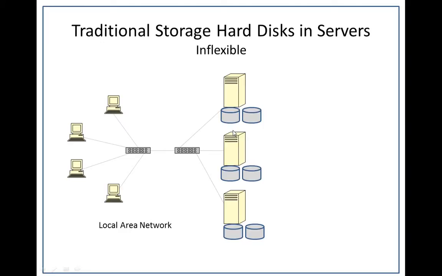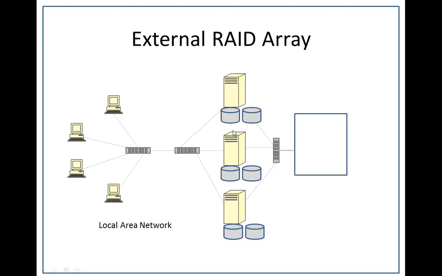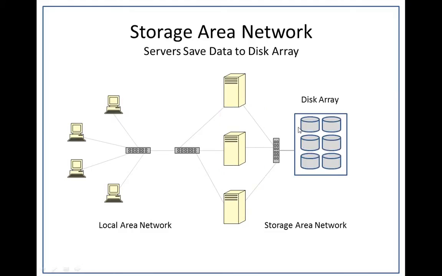So what we do is we implement a storage area network, and to make a storage area network, you get an external disk array, and you take the disks out of the servers and you put them in an external disk array, and then the servers can save the data to the disk array, and one server might use 4 disks of capacity, one server might only use half a disk of capacity.